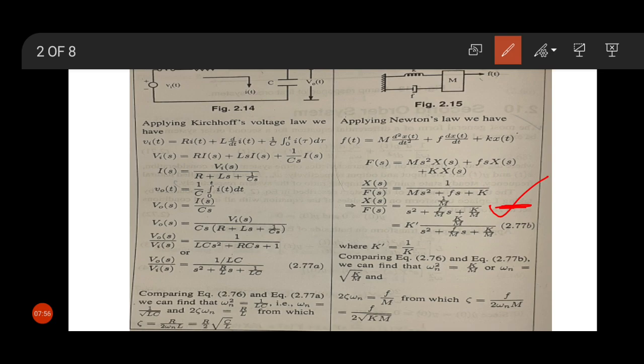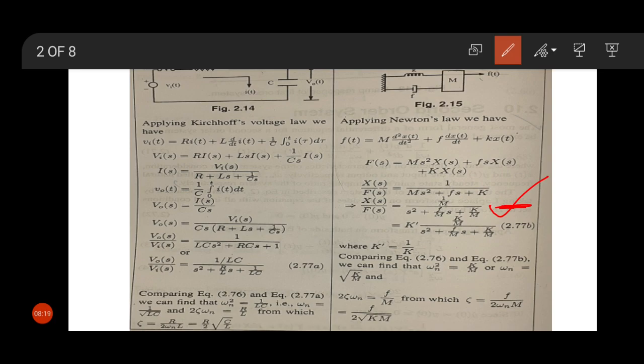From this we can write omega n equal to root under k by m. And 2 zeta omega n is equivalent to f by m, so from this zeta is equivalent to f by 2 omega n m. So we can write zeta equal to f by 2 root under k into m.